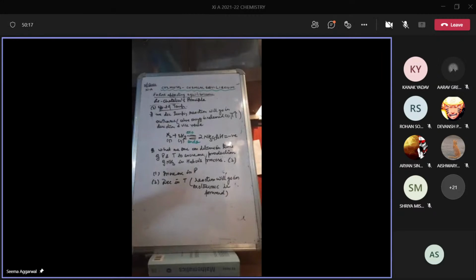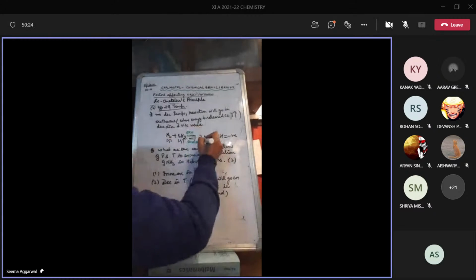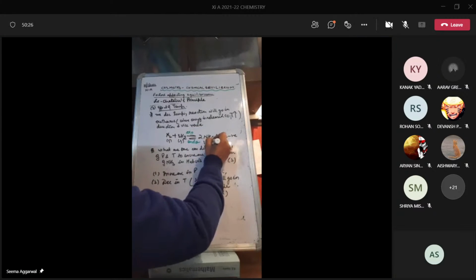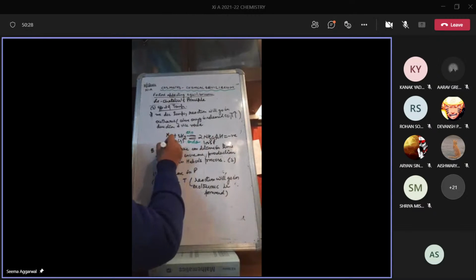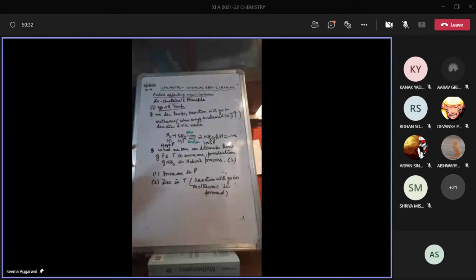In the forward direction only, ammonia is increased. In terms of pressure, here there are fewer moles of gas, here there are more. So if we increase the pressure, the reaction will go in the direction where the pressure is decreased, forward.